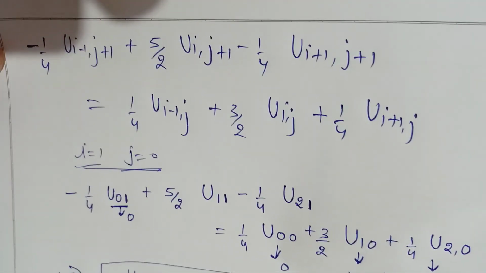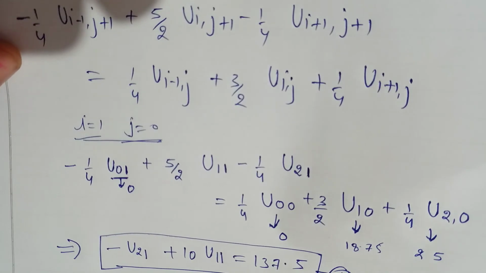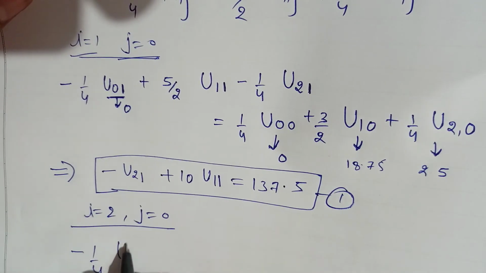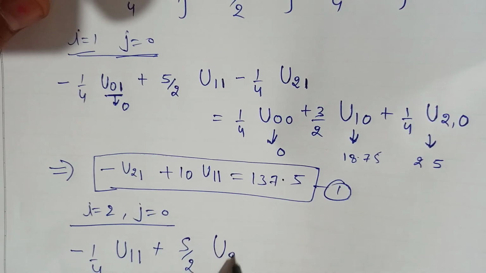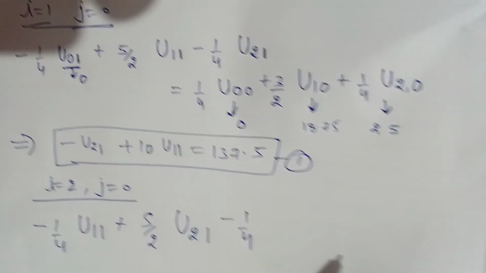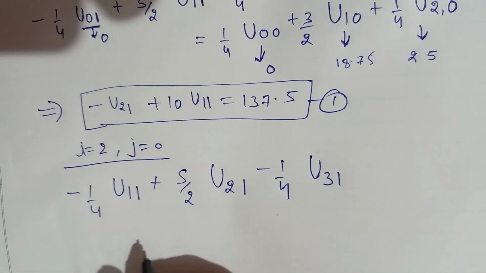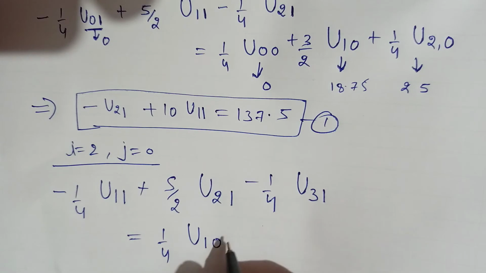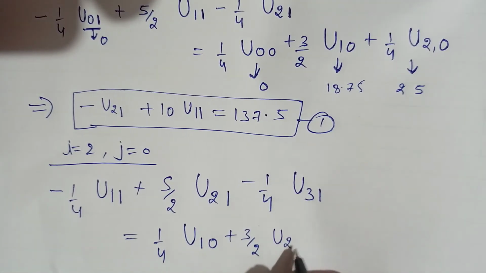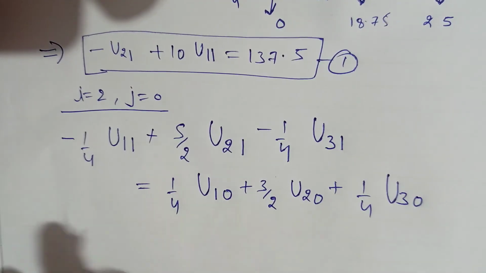Then we get minus 1 by 4 u1,1 plus 5 by 2 u2,1 minus 1 by 4 u3,1 equal to 1 by 4 u1,0 plus 3 by 2 u2,0 plus 1 by 4 u3,0. So this is the second equation.